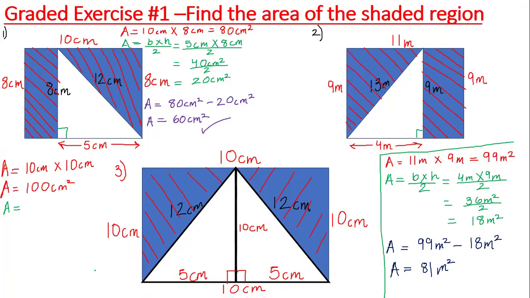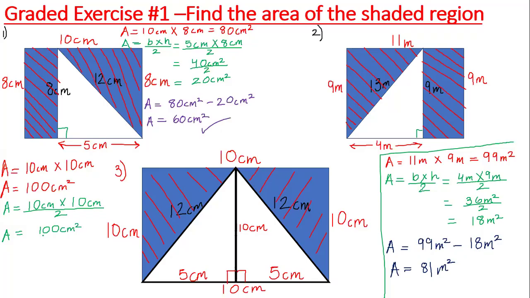I'm going to use this way and do 10 centimeters times 10 centimeters, which gives us what? All over what? 2. So the area is going to be 100 centimeters, divided by 2.